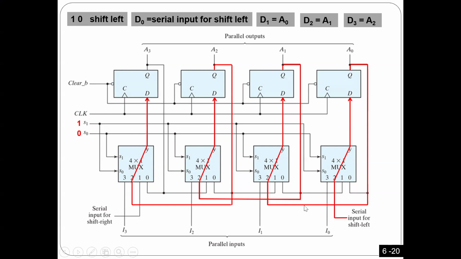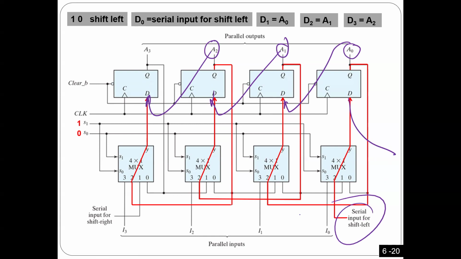This one has to come to the input of the one before it. So I wire it in such a way where this one has to be input here, this one has to be input here, this one has to be input here. And the last one has to come from serial input.